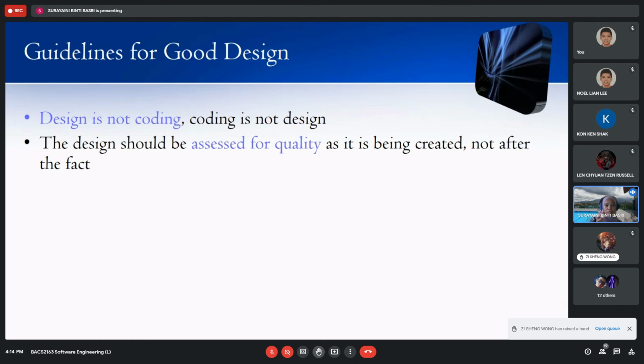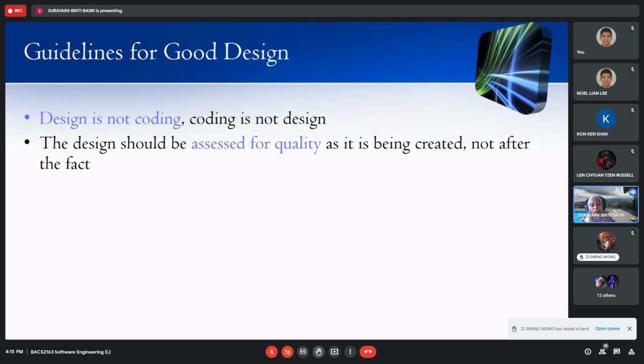During the design we already assess the quality, meaning we already implemented those four qualities, so that after that you no longer need to think about quality, because after the design you only need to implement it. Whatever you design, you implement it. So you don't need to think about the quality of your design when you are doing the implementation, because it is already done when you design the software.